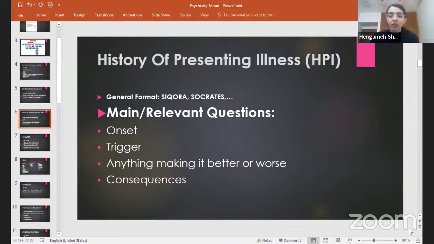How has this affected your life? Are you able to keep up with your daily activities? These are important aspects that a lot of candidates miss in their marking, and they keep saying, why does AMC mark us down? Because they miss obvious things like this. So if we're clear on history of presenting illness, we can move on to our next area.